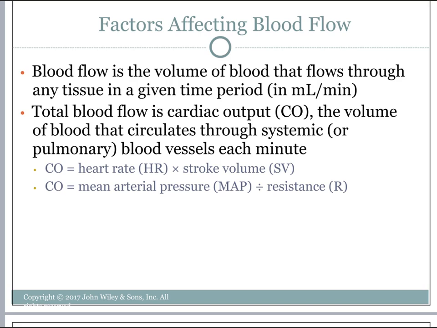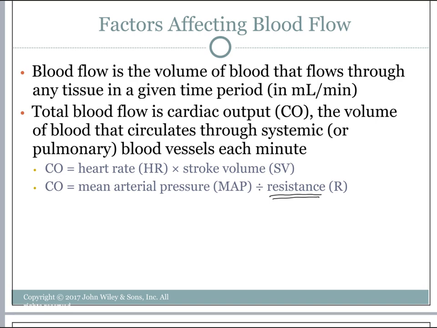Now, we can also calculate cardiac output by looking at mean arterial pressure and dividing it by resistance. So resistance is a new word for us. And remember when we talked about afterload, we talked about the clamp on that artery applying a resistance.